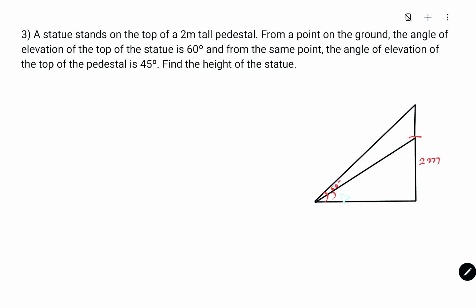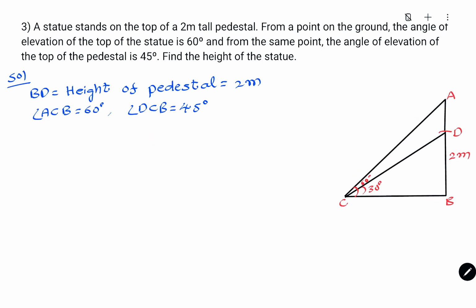Here the angle is 45 degrees. Sorry, I wrote 30, this is 45 degrees. Now keep the names on these vertices: A, B, C, here D. In the question we need to find the height of the statue AD. So for that, first of all we need to find the adjacent side, the length CB.